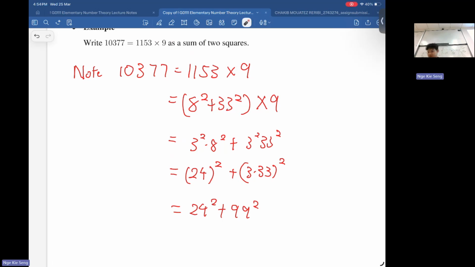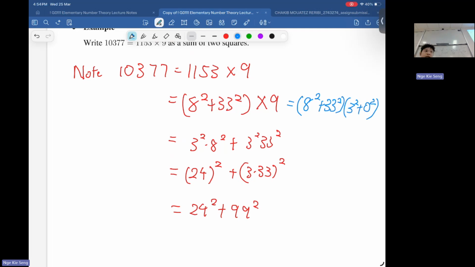Yeah. Okay. Or if you want to make my method general, actually, you should think of this as x squared plus 33 squared times 3 squared plus 0 squared. Then you can make my method general, or this will include what Sandra said.